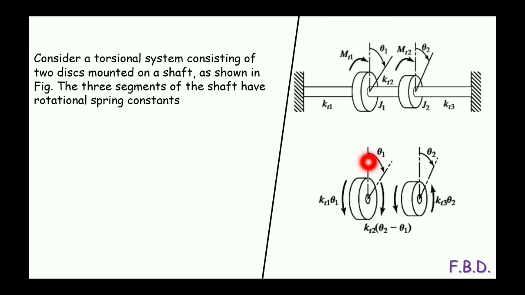Similarly, for disc 2, the resisting force will be KT3 theta 2, as KT3 is the stiffness of the third segment of the shaft, and another force in the opposite direction because of the middle segment, which is KT2 (theta 2 minus theta 1), common to both discs, when disc 2 is displaced by an angle theta 2.